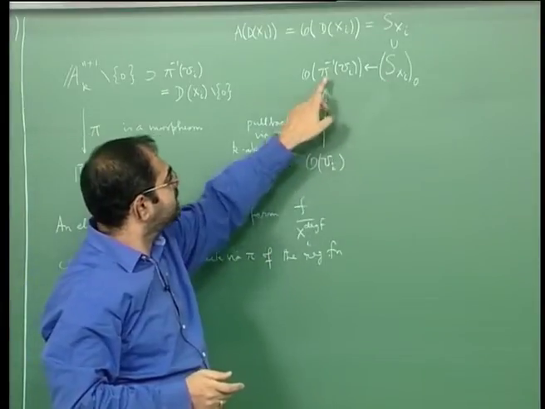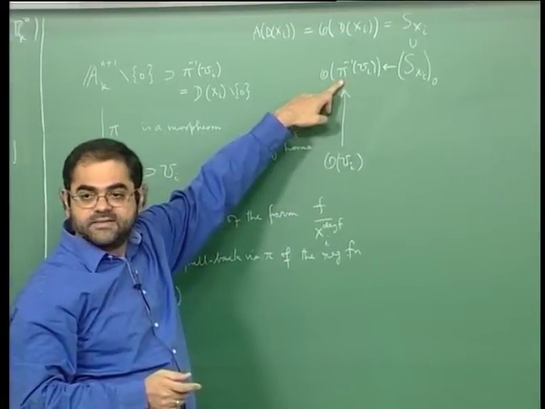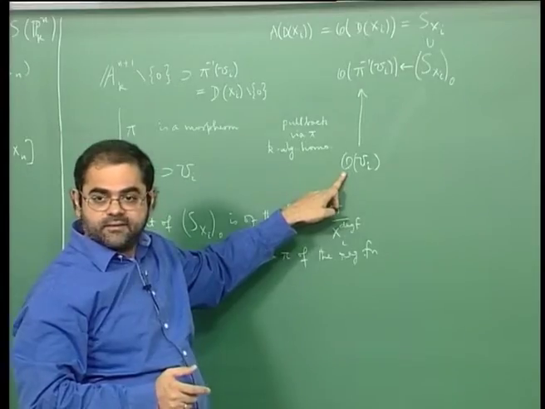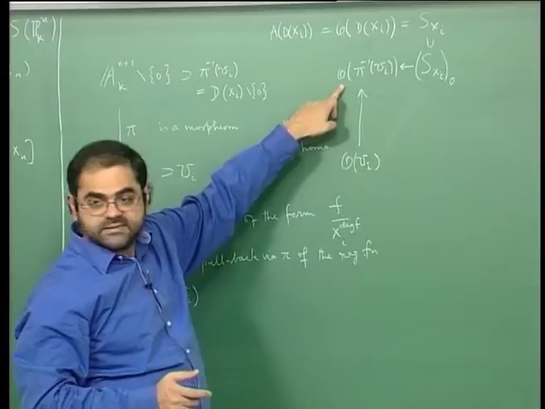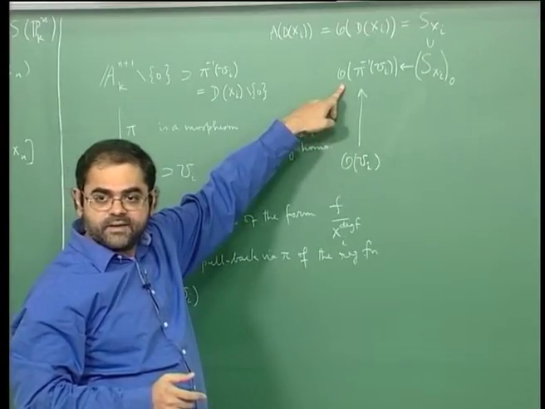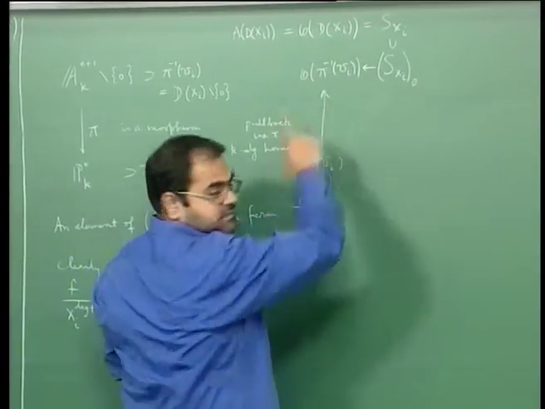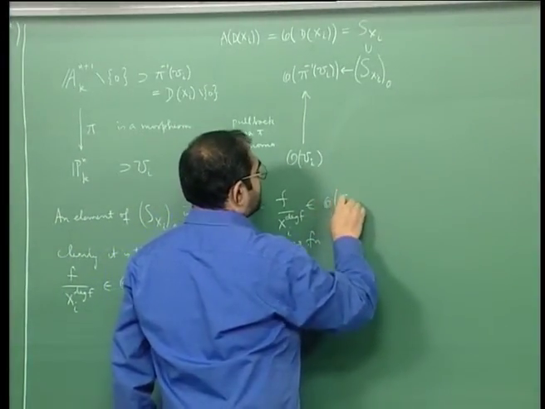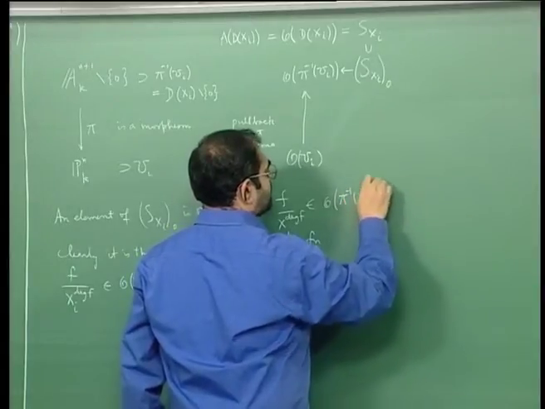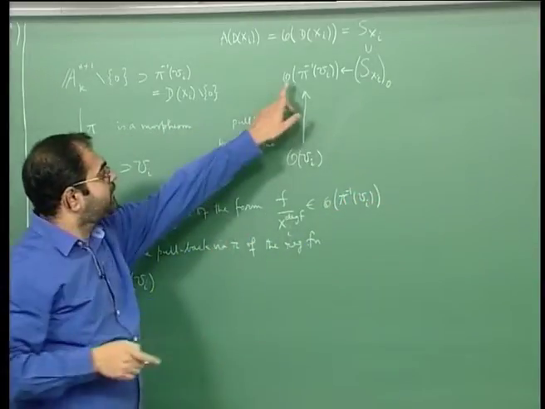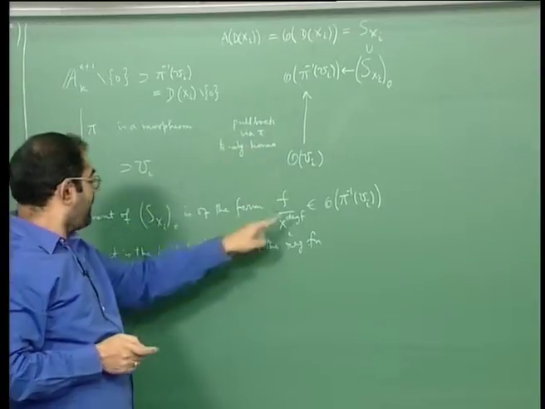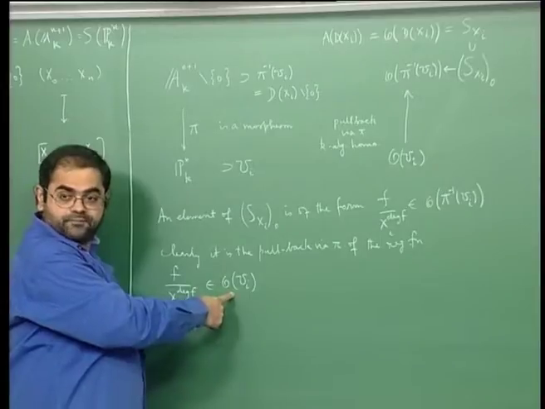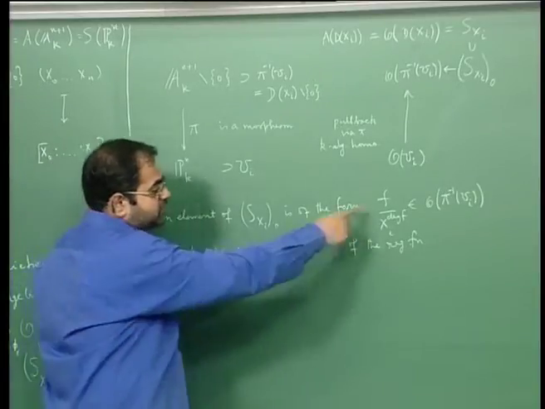Now this element certainly defines a regular function here, which goes down to a regular function there, and the pullback of that regular function is this regular function. So you have a map like this. Mind you, this is also an element of O of pi inverse ui. It is also a regular function there, and the same thing goes down to a regular function below, and if you pull back this regular function, you will get this regular function above.